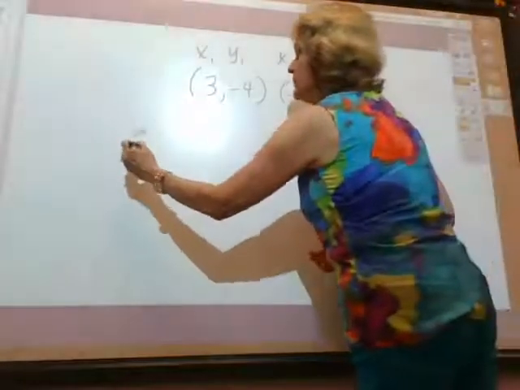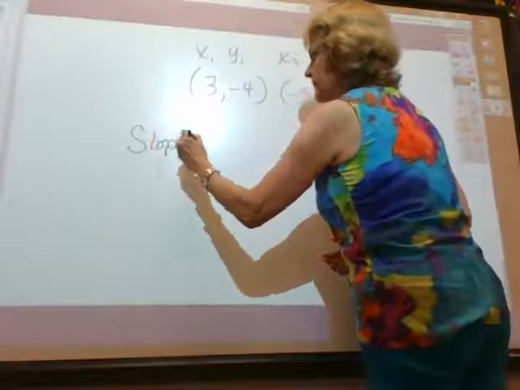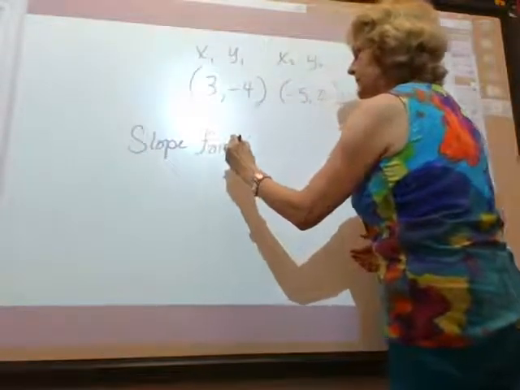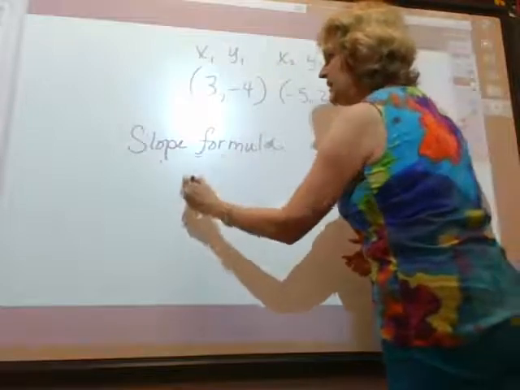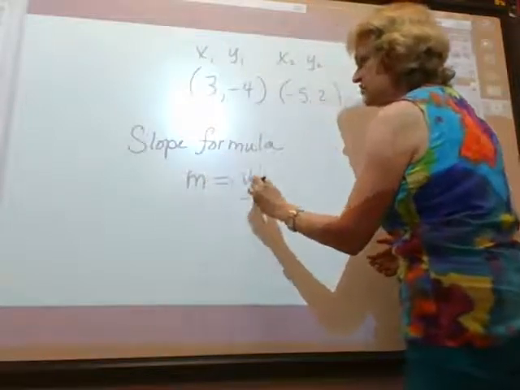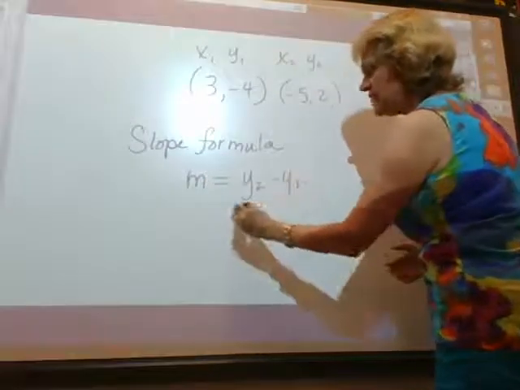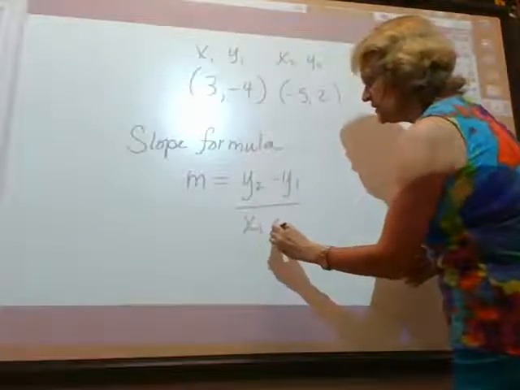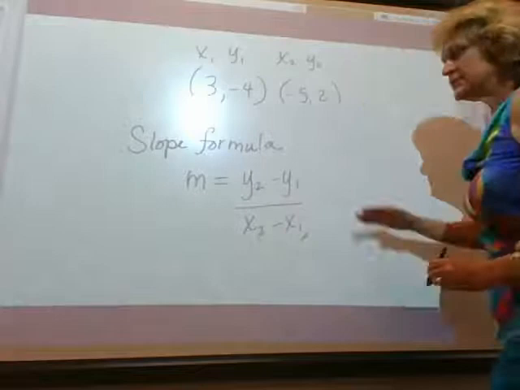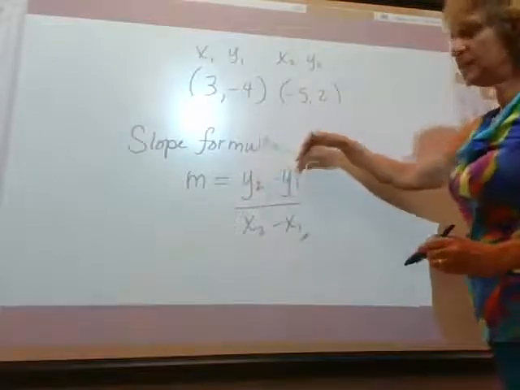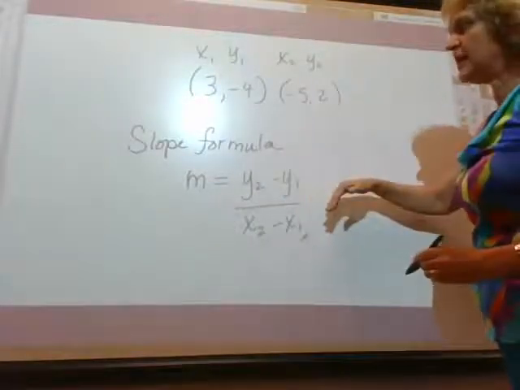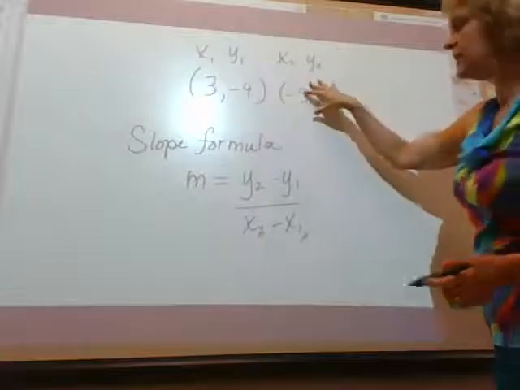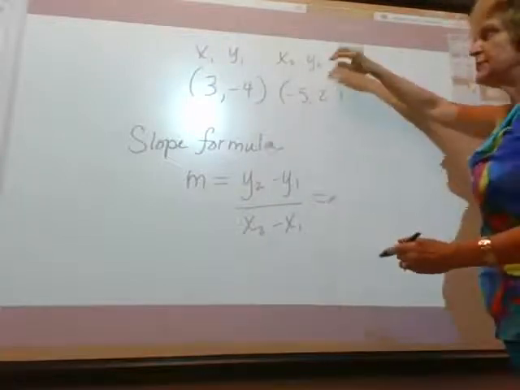So the slope formula is m equals the change in y, change of course being the difference, and the change in x. So take away y2, take away y1, over x2, take away x1. So again, we've labeled our points, so let's go ahead and find the slope of this problem.